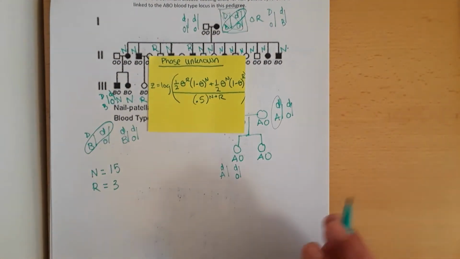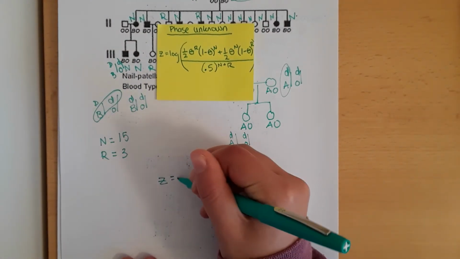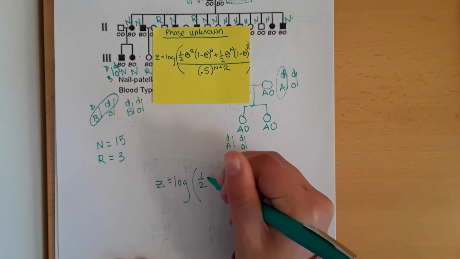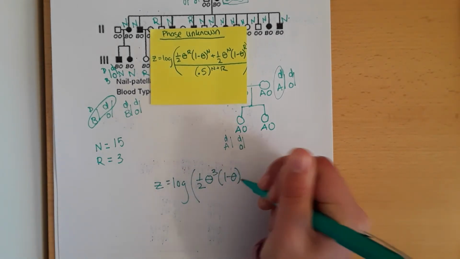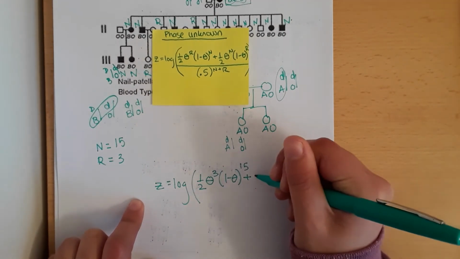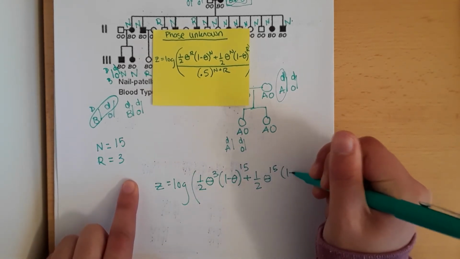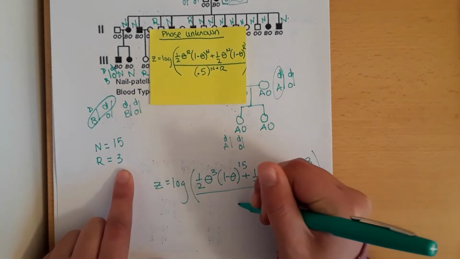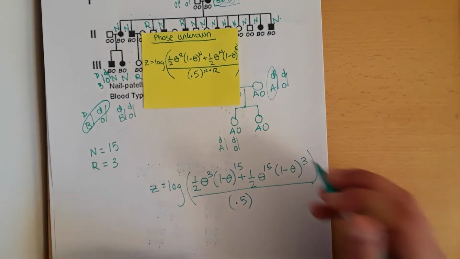So now let's plug into our formula where our Z is equal to the log half theta R, which is 3, 1 minus theta N, which is 15, plus 1 half theta N, which is 15, 1 minus theta R, which is 3, divided by 0.5 of the total N plus R. 15 plus 3 is 18.